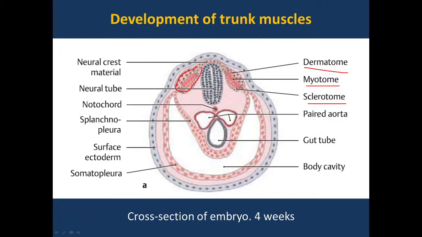And dermatome is the part which goes to the hypodermal tissue, but sclerotome is the part which will be in the future bones. But myotome, this is a source for all muscles in our body.